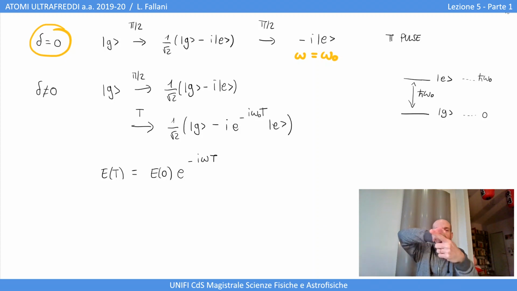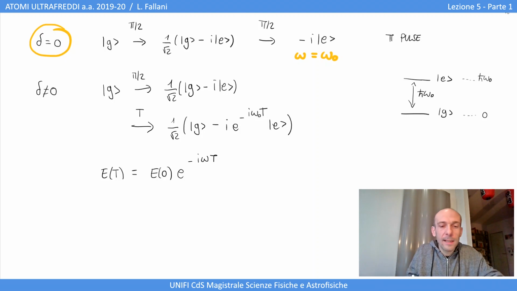So basically the phase of the field will always be equal to the phase of the superposition during the dead time. And so after this dead time, nothing happened. So the atom and the laser will be with the same phase again. And so the second pi half pulse will complete the effect of the first pi half pulse, as if there was no dead time in the middle.